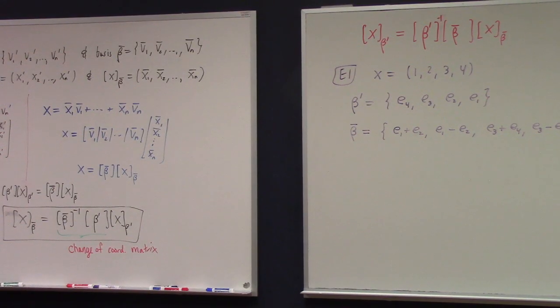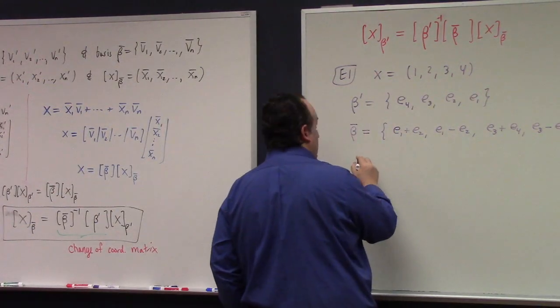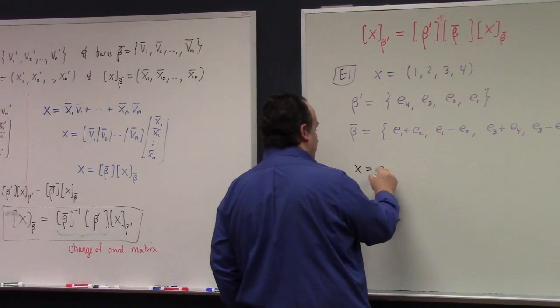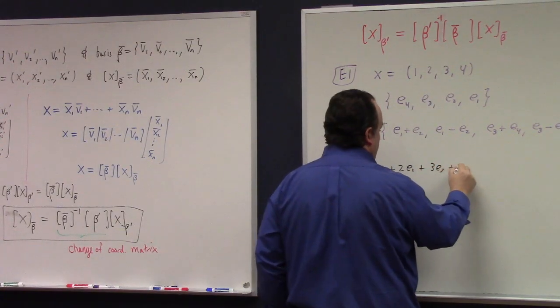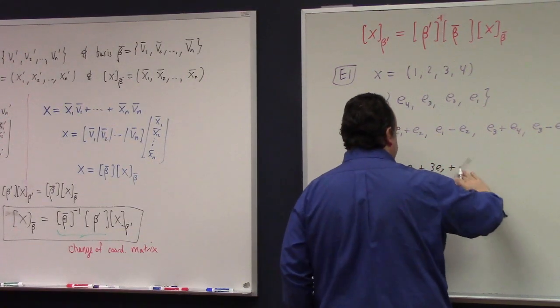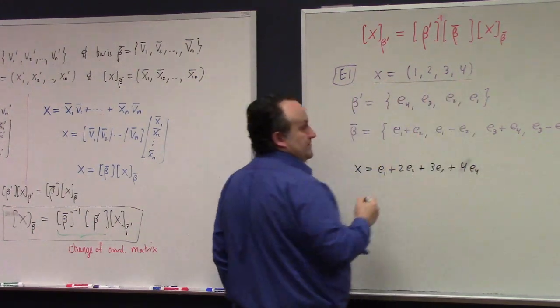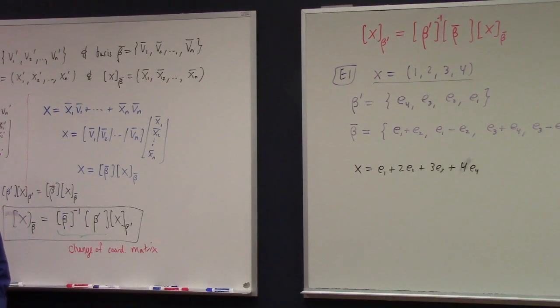So we can just go ahead and write down, x is equal to what? It's equal to e1 plus 2e2 plus 3e3 plus 4e4, right? That's what I get from this directly. That's what the standard basis is: 1 of e1, 2 of e2, 3 of e3, 4 of e4.